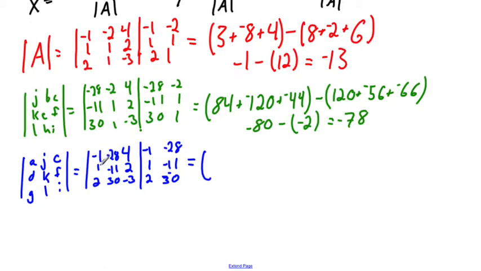So negative 11 times negative 1 times negative 3, and it's going to give me a negative 33.